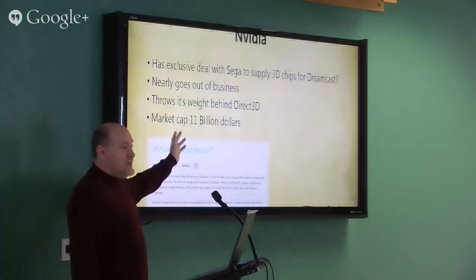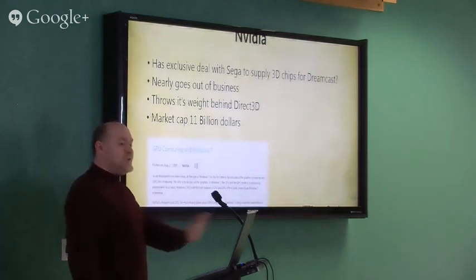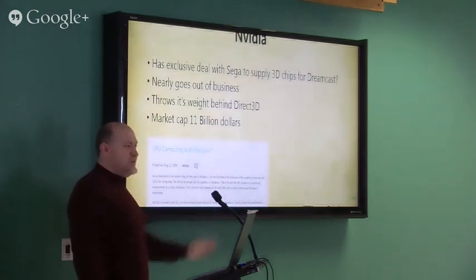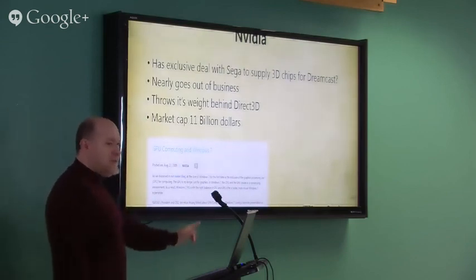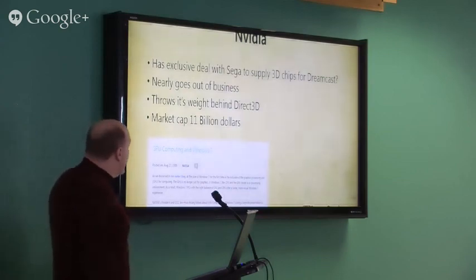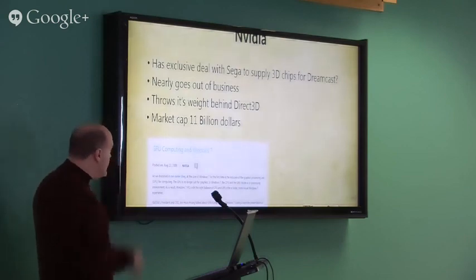Unlike all the other chip vendors who said, yeah, we'll play ball on the Talisman thing, NVIDIA said, no, I'm sticking with the Direct3D guys. $11 billion market cap. They just said, we'll bet on the underdogs, while everybody else says we'll do what the executives tell us to do. And as a consequence, they became one of the biggest chip makers in the world.